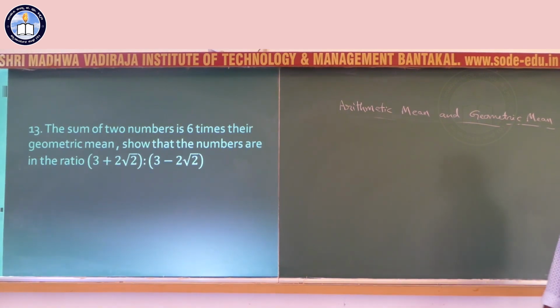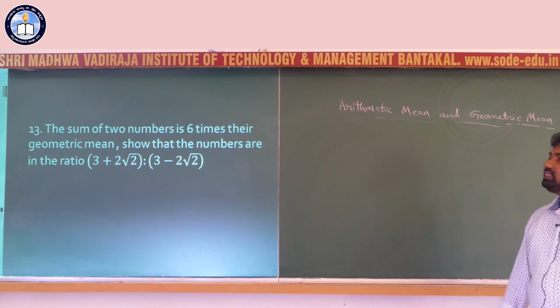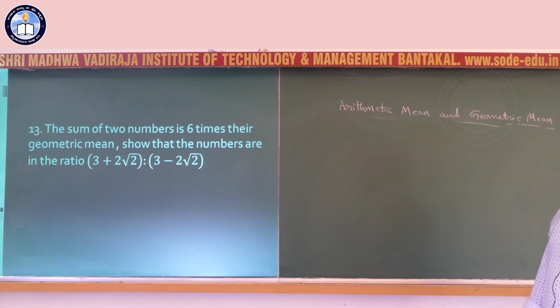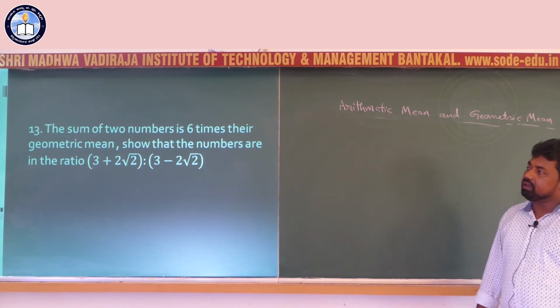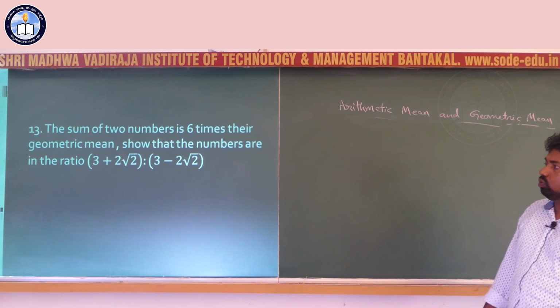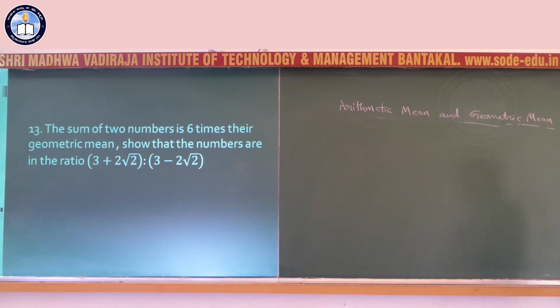The sum of two numbers is 6 times their geometric mean. Show that the numbers are in the ratio 3 plus 2 root 2 is to 3 minus 2 root 2.